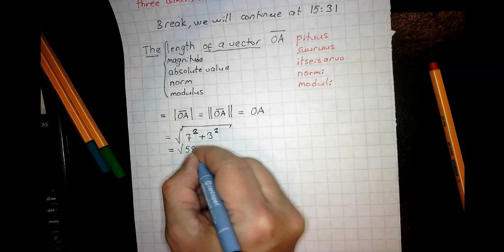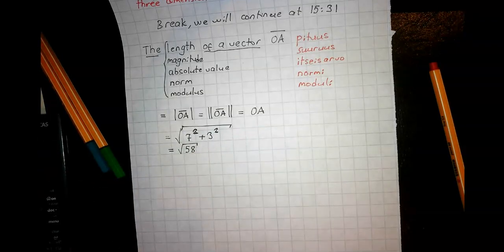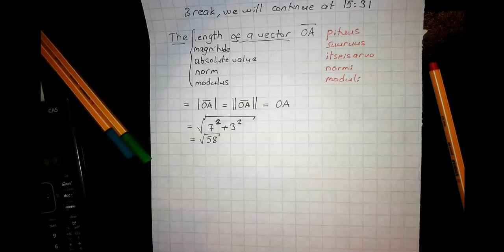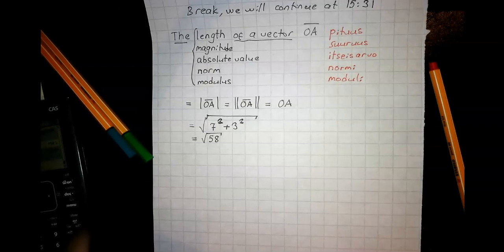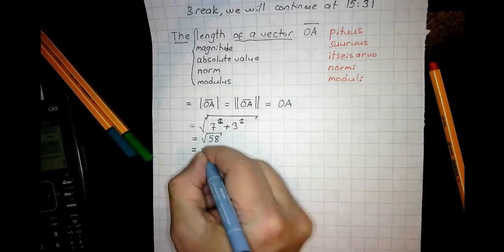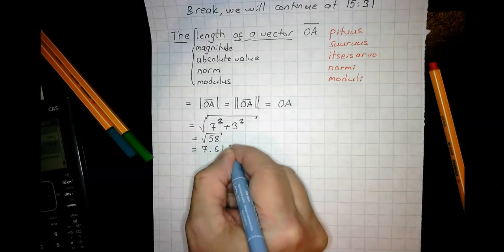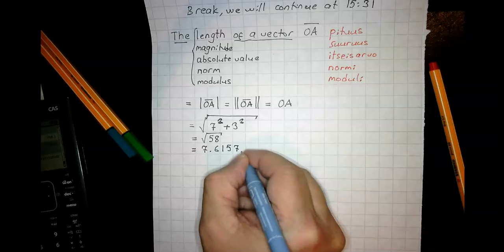Is it 58? Square root of 58. And let's calculate the value of that so we can be sure that we get something useful. So this will be 7.6157, etc.